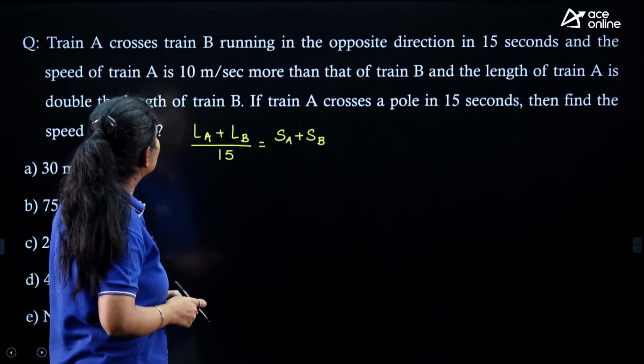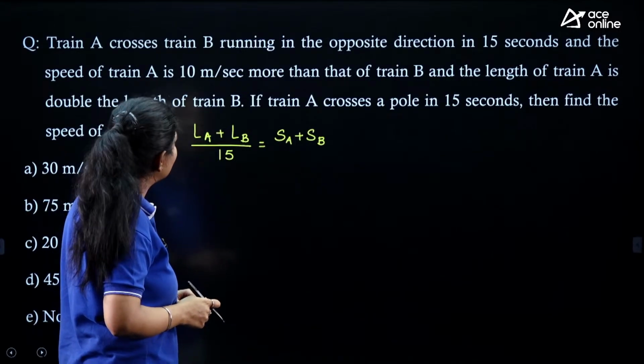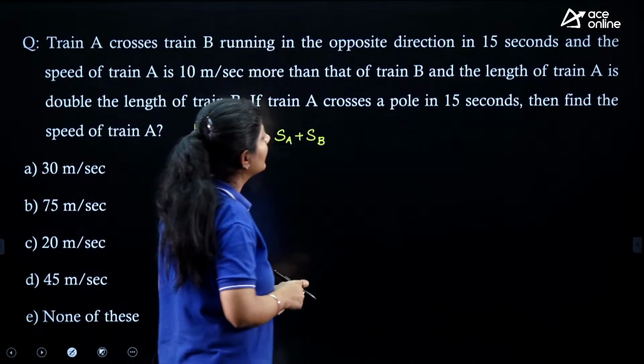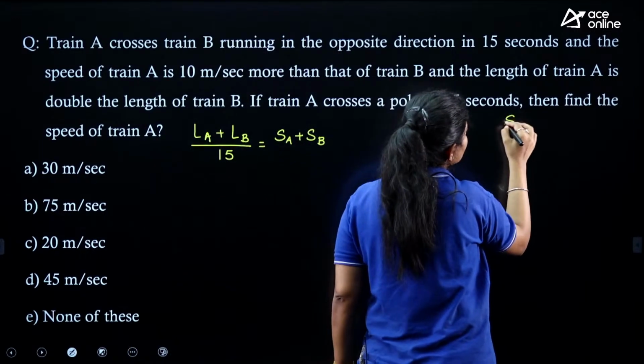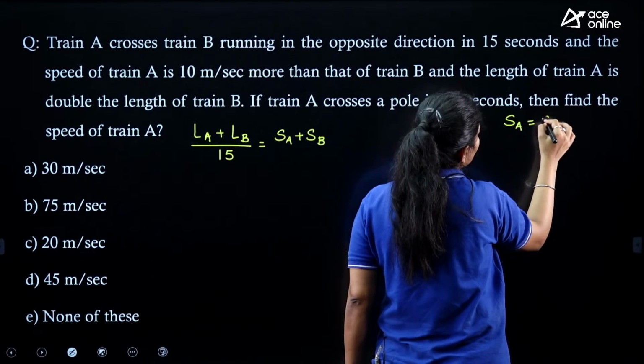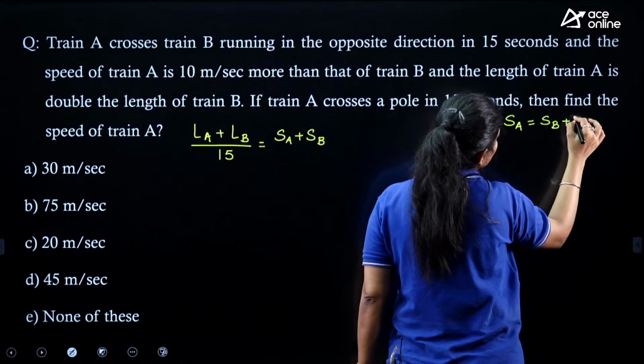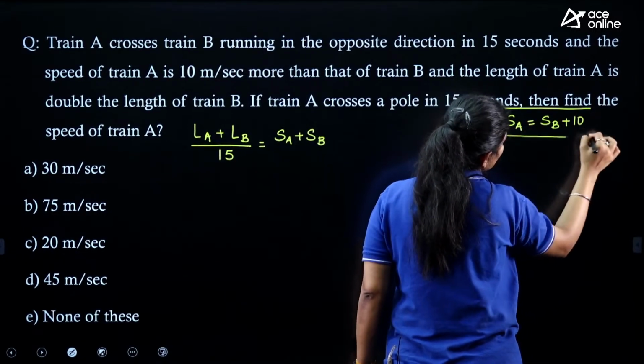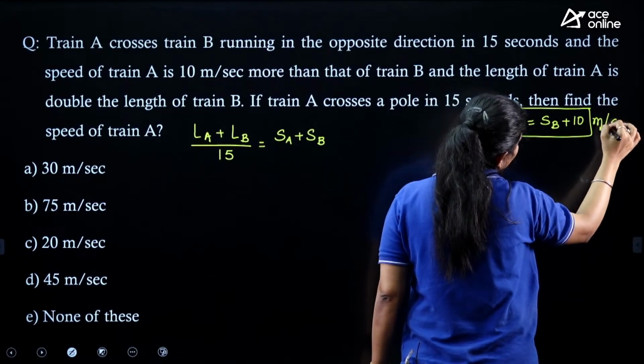Now, speed of train A is 10 meters per second more than the speed of train B. So we can say that speed of train A is speed of train B plus 10. This is in meters per second, right.